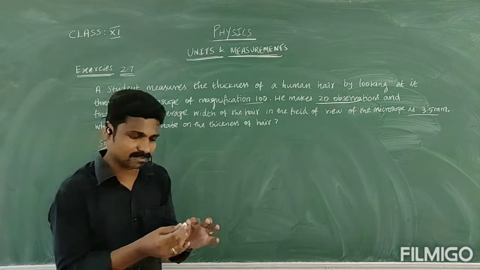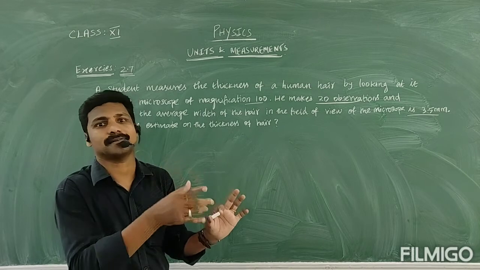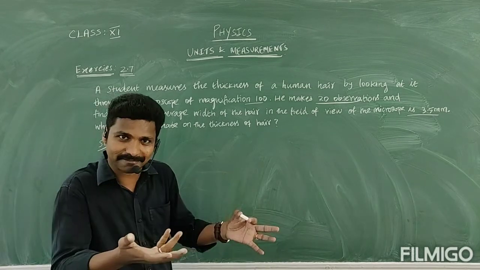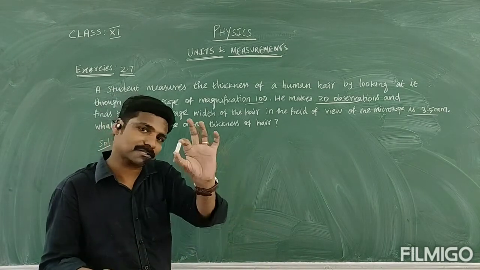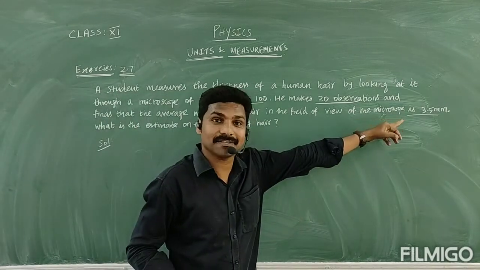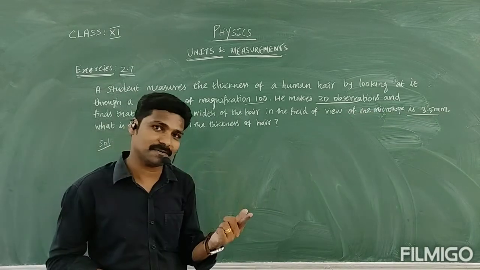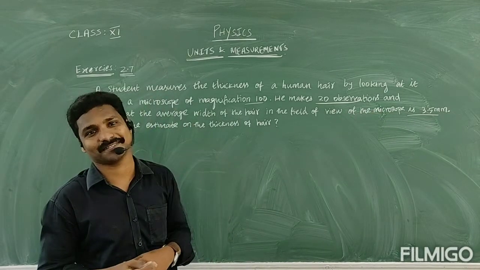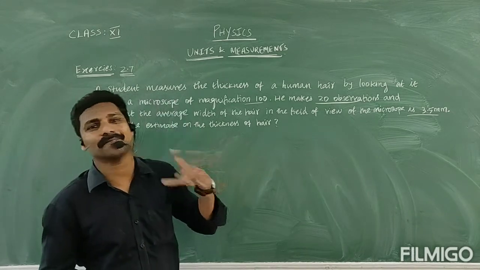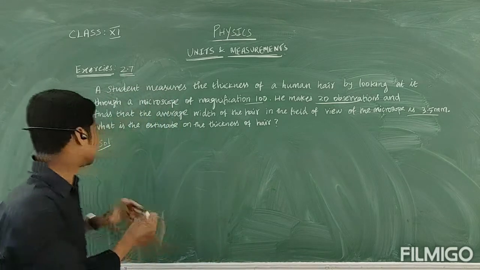For example, if this is 1 millimeter, the reading will appear as 100 millimeter, because it is 100 times magnified. So the actual value was 1 millimeter. Here the magnified value is 3.5 millimeter, so the original value is 100 times smaller, so 3.5 divided by 100 is the answer.